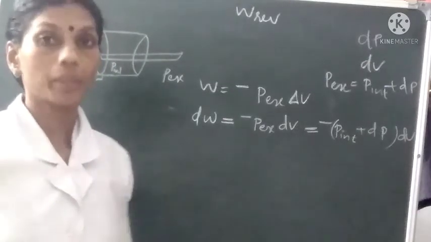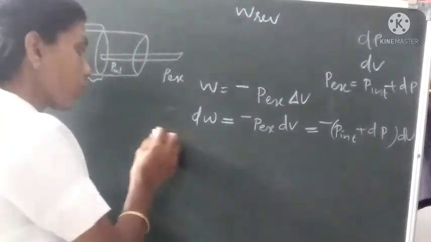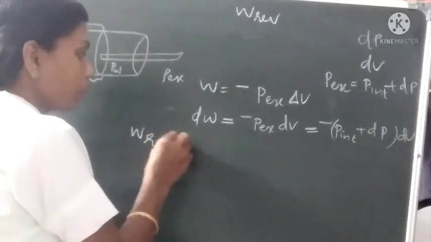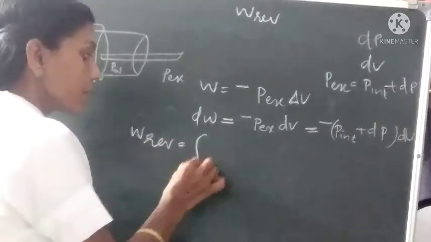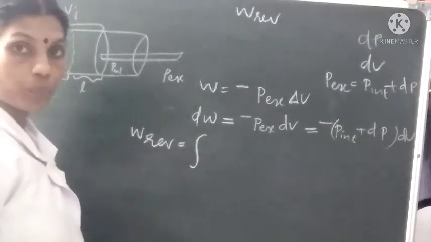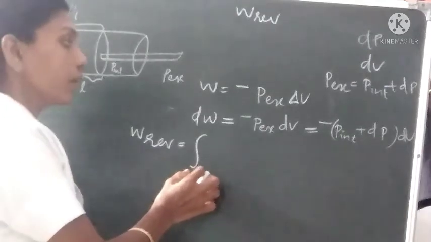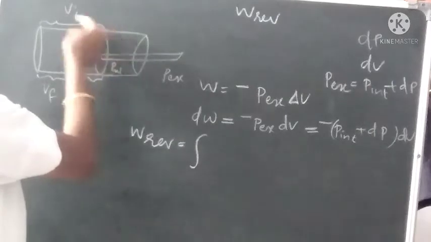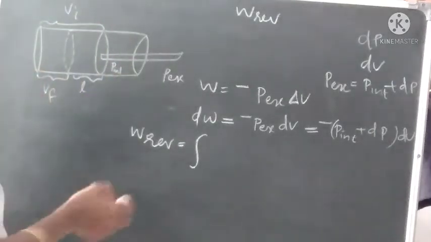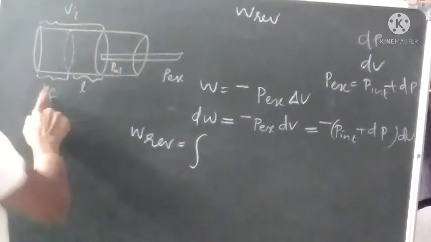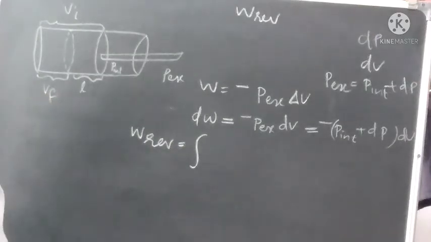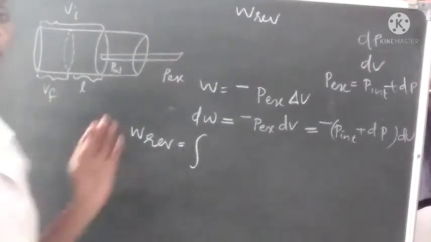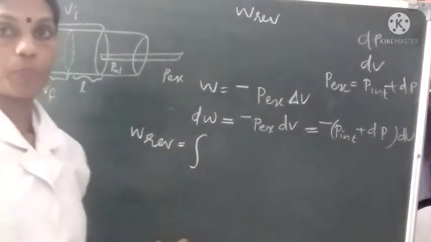So the total work done W reversible will be equal to the integral. In this total work done, the volume is changing from Vi to Vf, isn't it? The initial volume is Vi and the final volume is Vf. So there will be a change in volume from Vi to Vf.